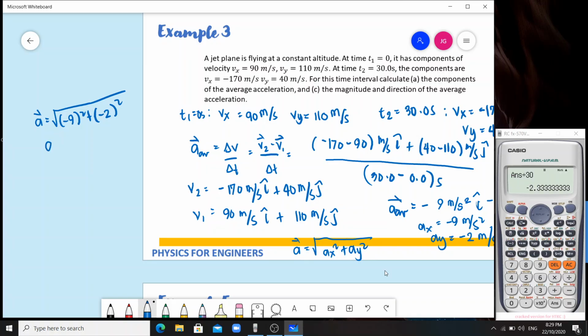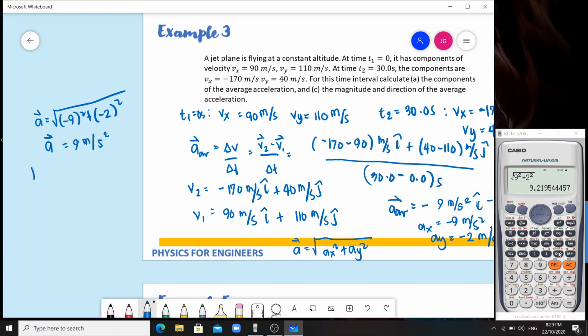Then the average acceleration would be the square root of 9 squared plus 2 squared. We have 9.2 or 9 meters per second squared.